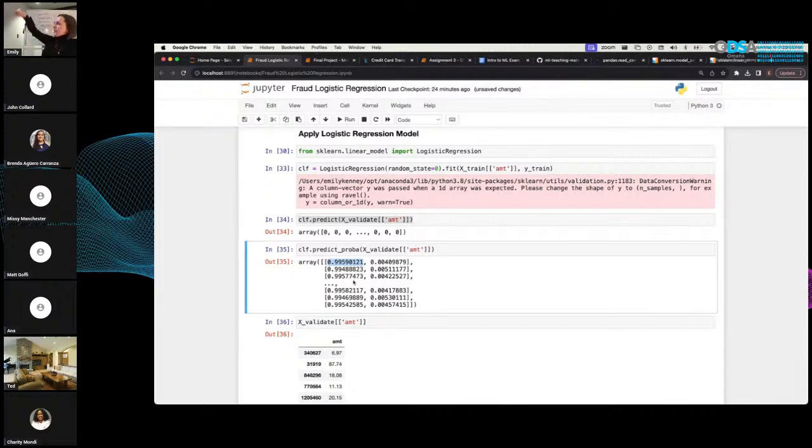If we think about the S curve in our head, this is really, really close to that zero.